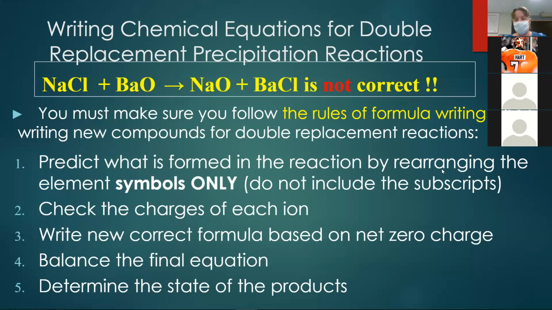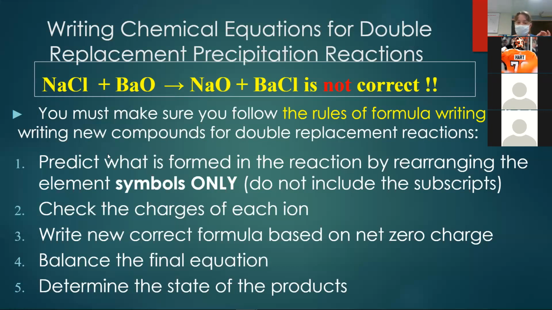So essentially the steps are going to look something like this, and then we're going to talk through the steps. But what I will tell you is that what I have written up top there is wrong, and it has to do with the ratio that the elements are combined in. So we'll go through that. So number 1, we're going to just do a basic prediction of what is formed by rearranging our element symbols, okay, and pairing them up with new elements.